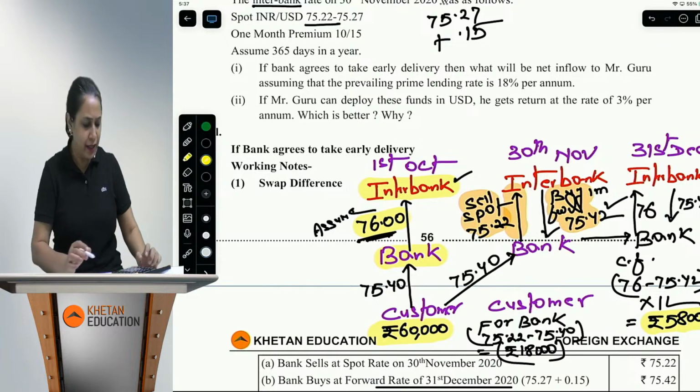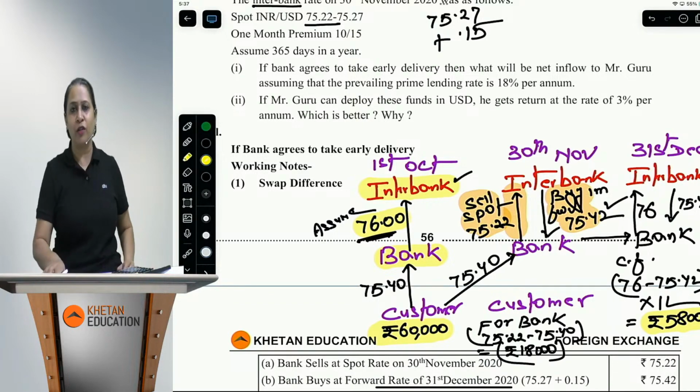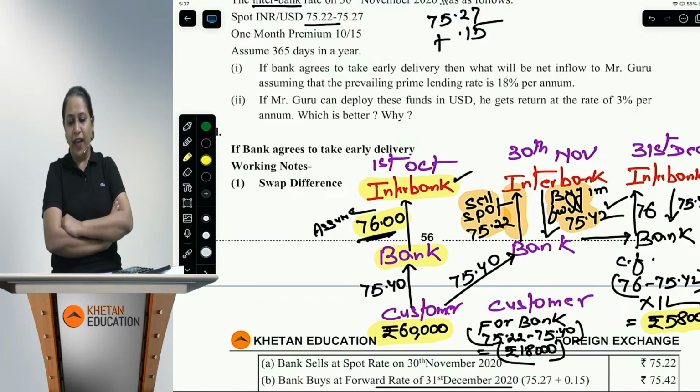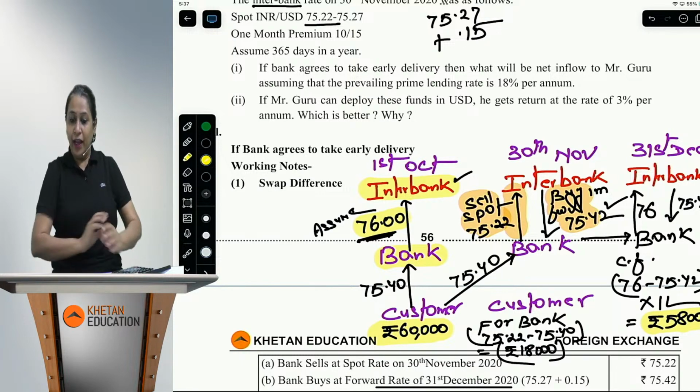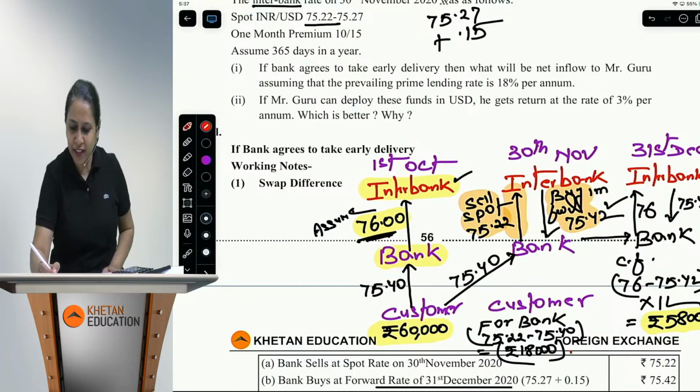Compute swap value. Swap: sell 75.22, buy 75.42, into 1 lakh, that is 20,000. The customer does not know all about this. This is in the books of the bank.